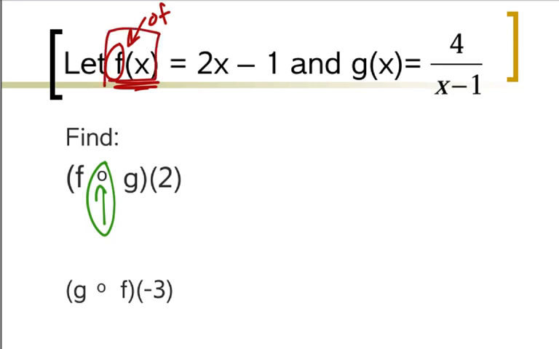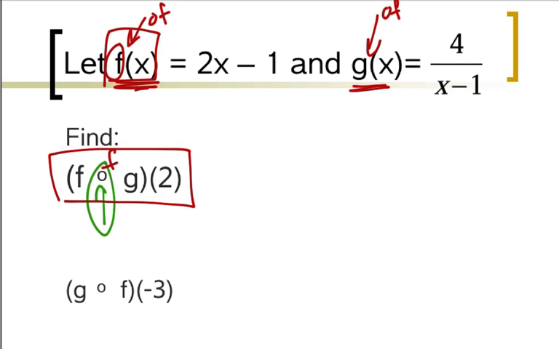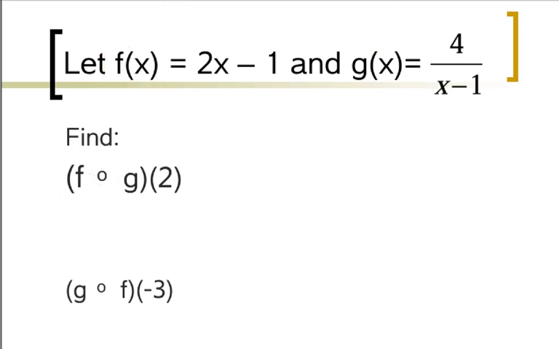Over here we have g, and there's like an imaginary little "of x." So g of x is 4 divided by x minus 1. When we have these functions down here, this really says f of, it's like an imaginary "of," g of 2. So it's composition, and you've got to do multiple function work on these problems.